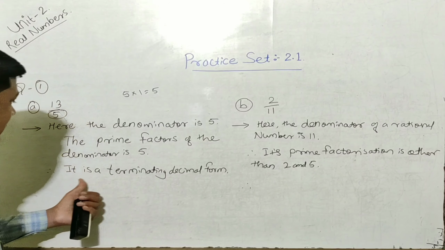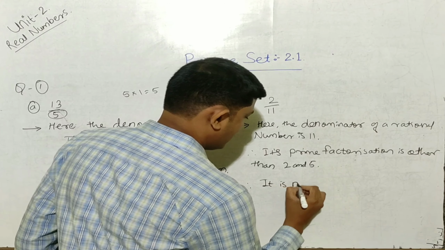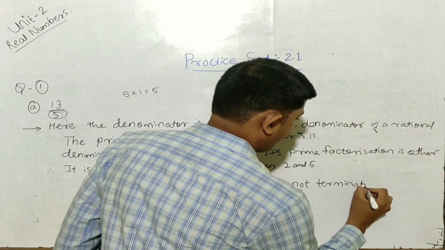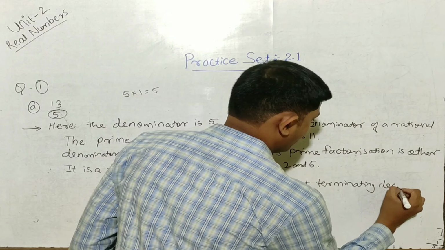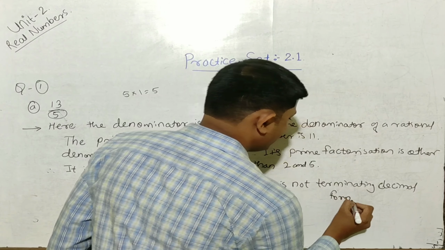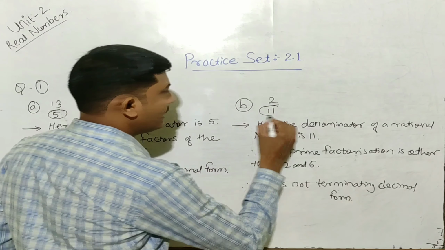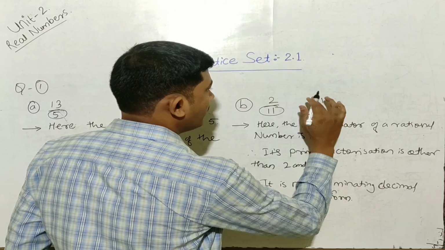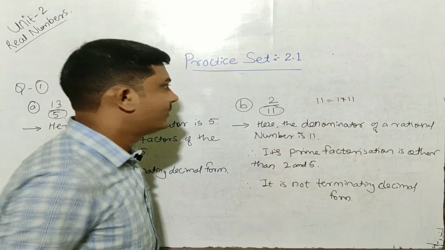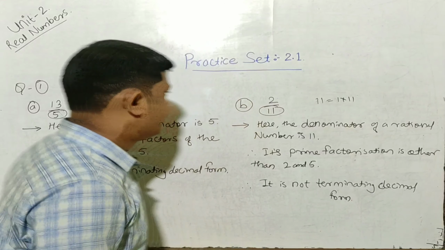Therefore it is not a terminating decimal form. Here the prime number 11 can be given as 11 equal to 1 into 11. Its factors are only 1 and 11. So it is not a terminating decimal form.